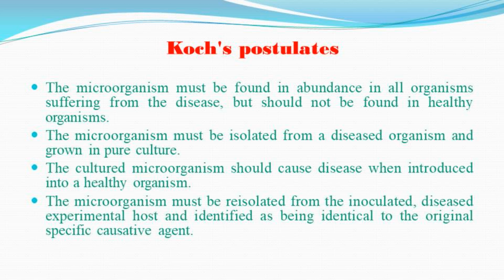Next, the microorganism must be isolated from a diseased organism and grown in pure culture. The cultured microorganism should cause disease when introduced into a healthy organism. The microorganism must be re-isolated from the inoculated diseased experimental host and identified as being identical to the original specific causative agent.